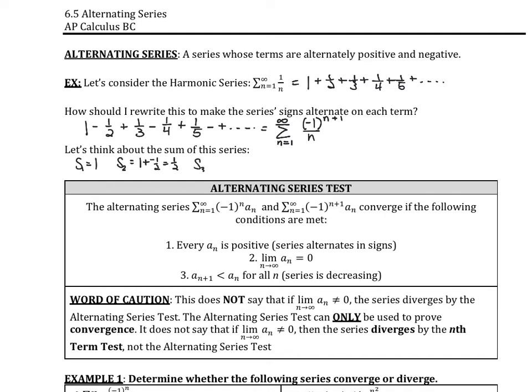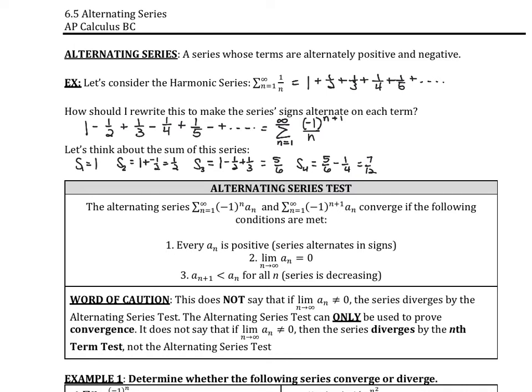And if I take the third partial sum, I get 1 minus 1/2 plus 1/3, or positive 1/2 plus 1/3, which is 5/6. And if I take the fourth partial sum, I get the 5/6 that I had before, and I'm going to take away a fourth. And if I do 5/6 minus a fourth, that'd be 7/12.